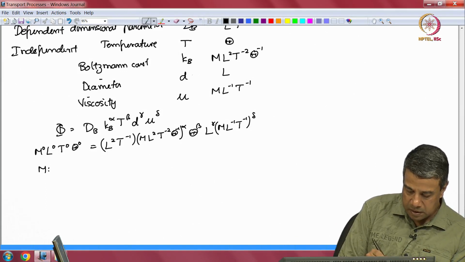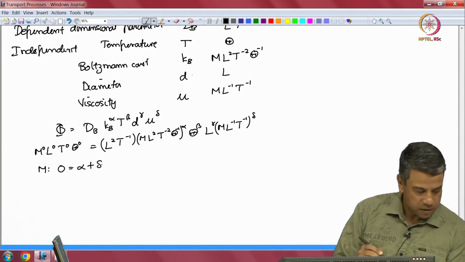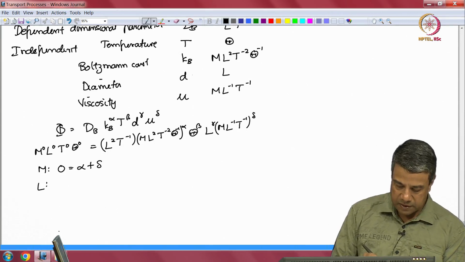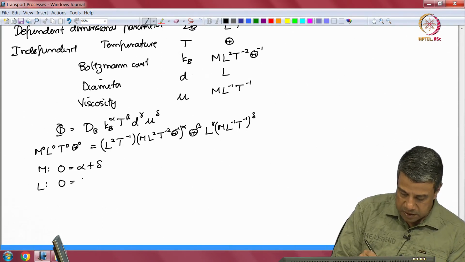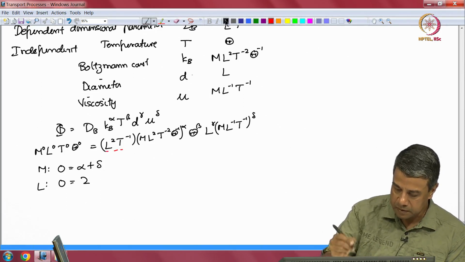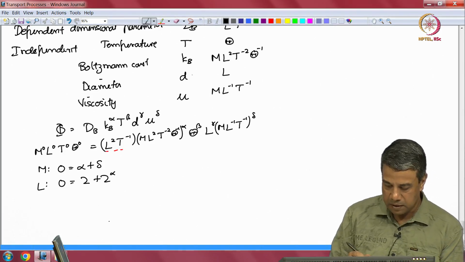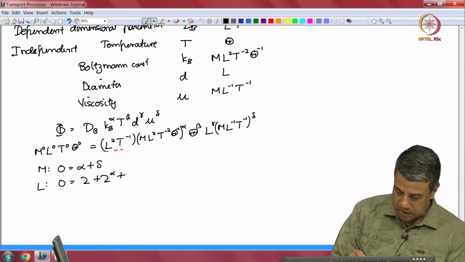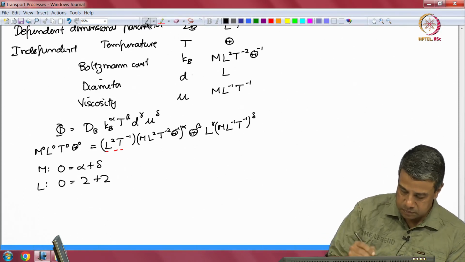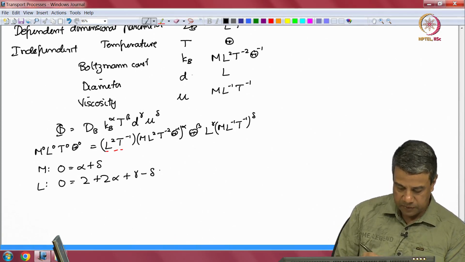Mass dimension 0 is equal to alpha plus delta. Length dimension, on the left side I have 0, on the right side I have 2 from the diffusion coefficient, and then I have plus 2 alpha from the Boltzmann constant plus gamma minus delta.